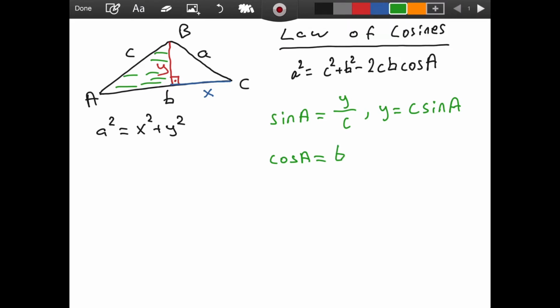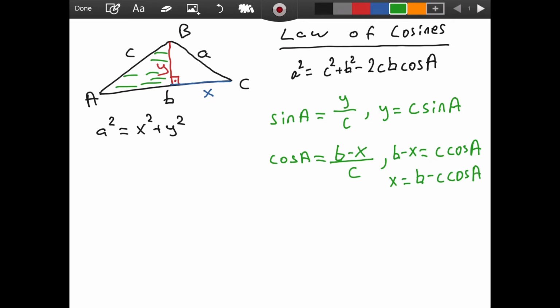So we have b minus x divided by the hypotenuse, which is c. So we see that if we multiply both sides by c, b minus x is equal to c times cosine of A. And if we solve for x, we can see that x is equal to b minus c times cosine of A.